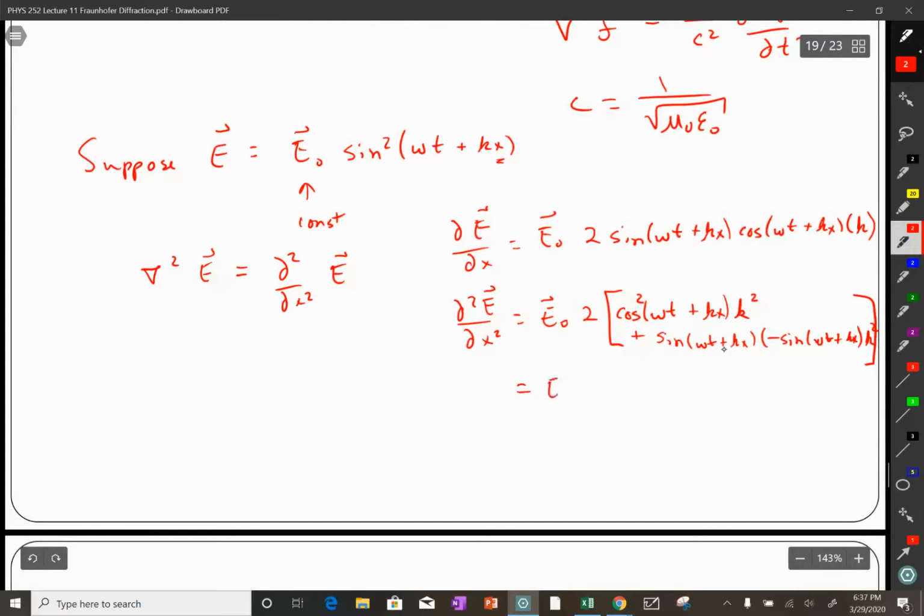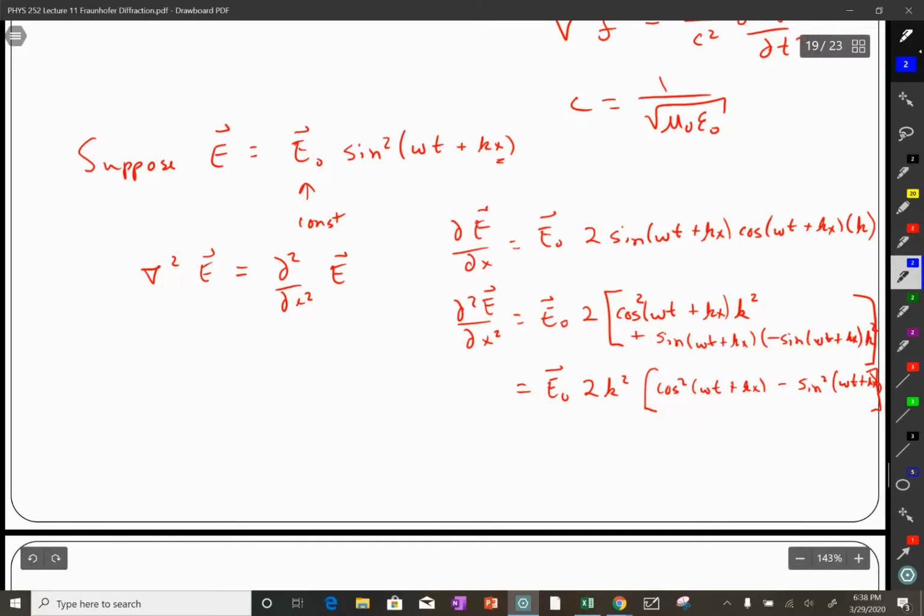Or, equals E0 vector times 2 k squared times cosine squared of omega t plus kx minus sine squared of omega t plus kx. And so that's what I have for del squared E.